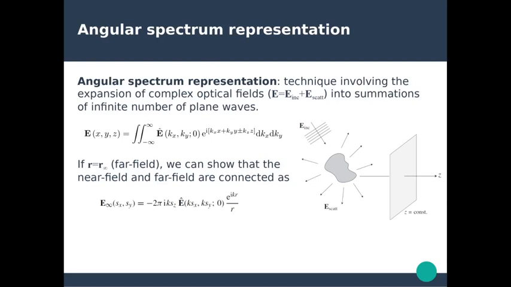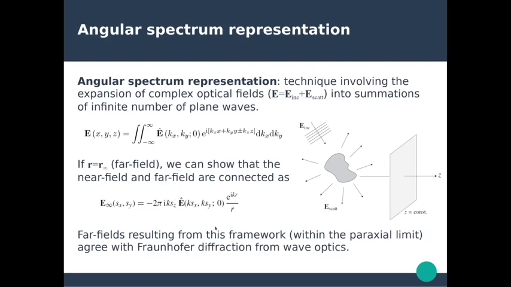This is the relationship that exists between the far field and the near field in any given system. Something also very important to notice is that those far fields that you calculate within this framework of angular spectrum representation and within the paraxial approximation are in agreement with Fraunhofer diffraction theory in wave optics.